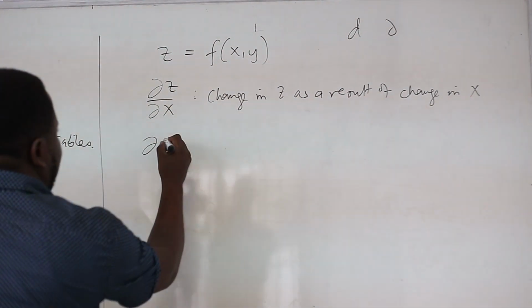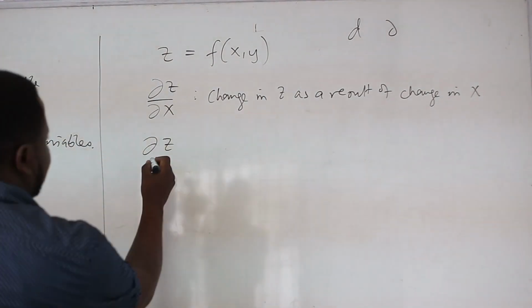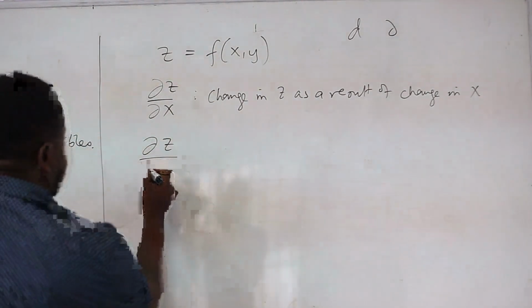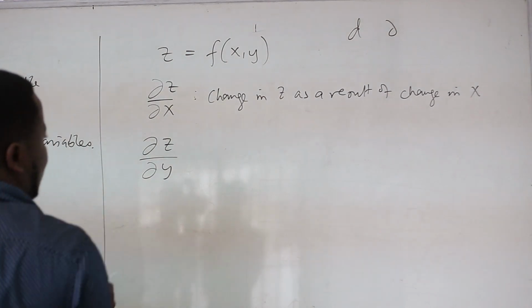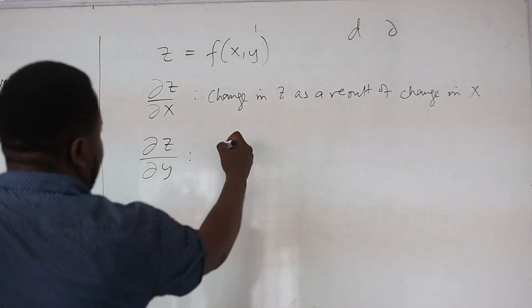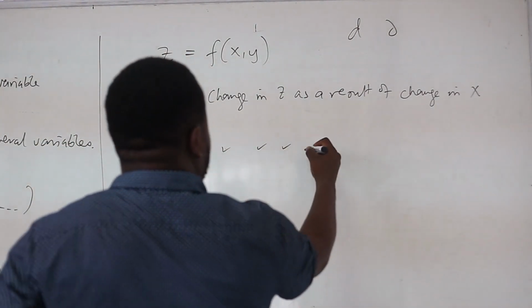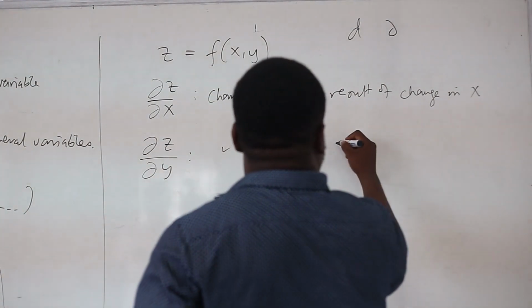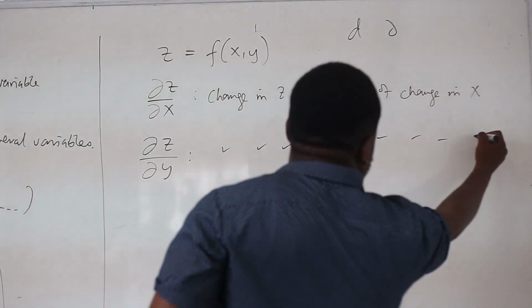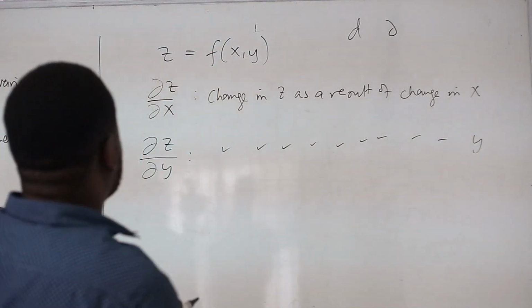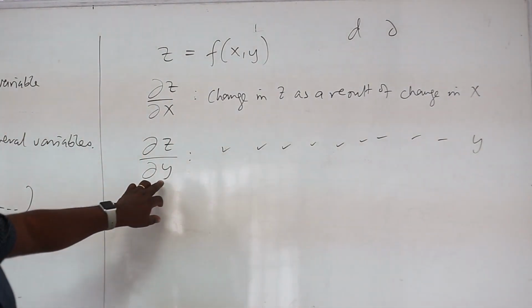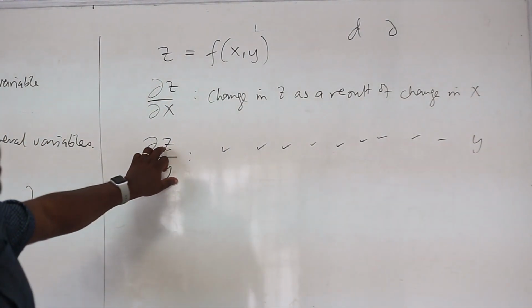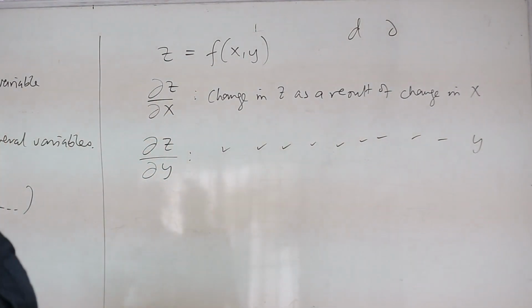Then if you want to find how changes in y affect z, write dz dy. So this is the change in z as a result of change in y. When we want to find how changes in y affect changes in z, we also hold x constant.